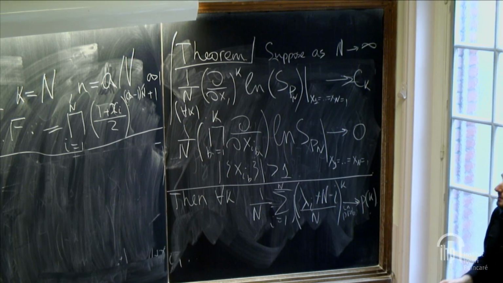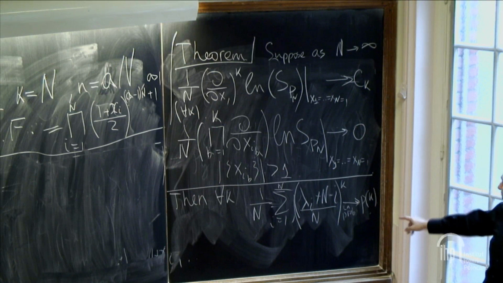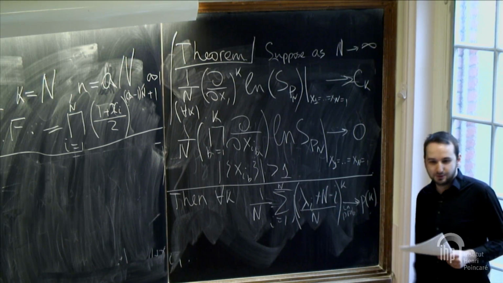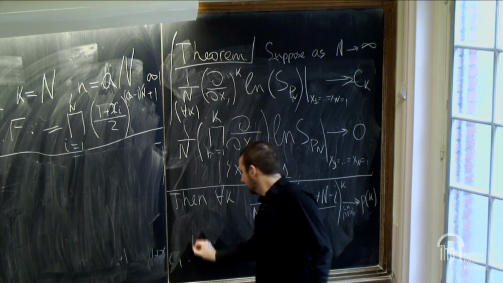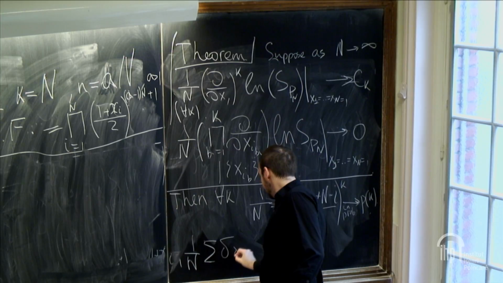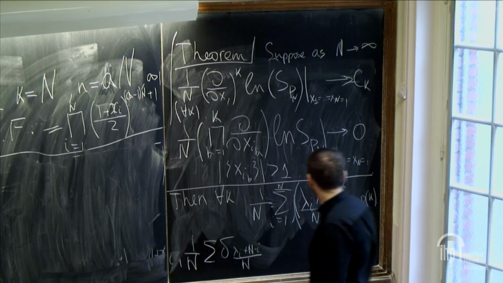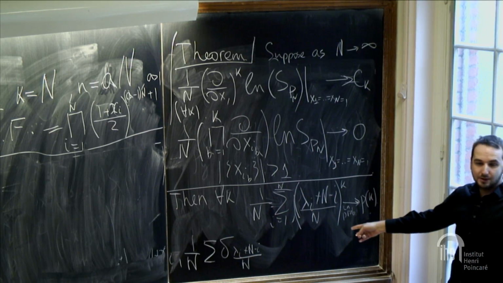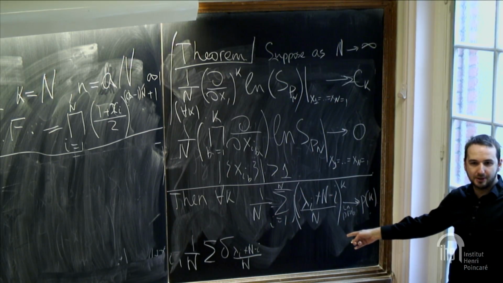So what does it mean? If you remember this identification of our n-tuple of integers with a probability measure, 1 over n times the sum of delta at (lambda_i plus n minus i) divided by n, then this sum is just a moment of this probability measure.